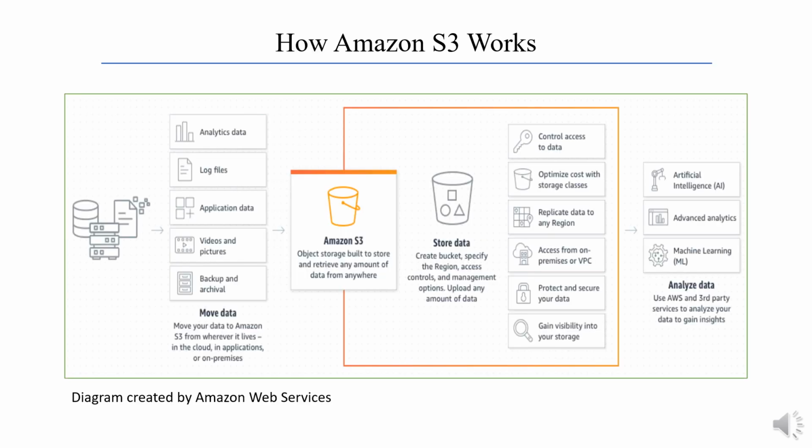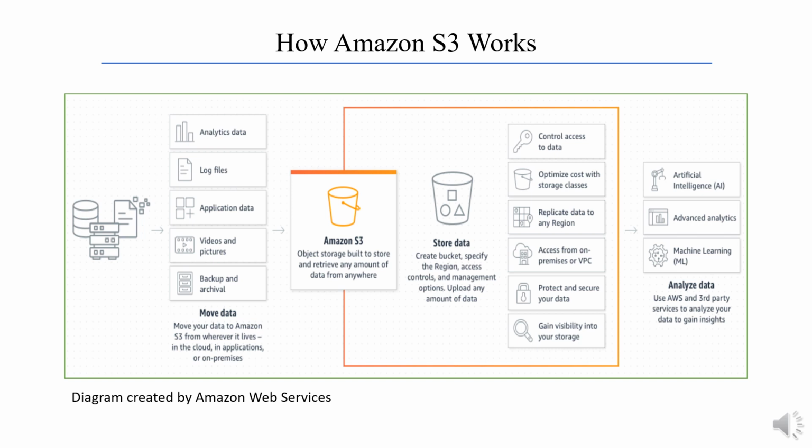Excellent. Now let's see how Amazon S3 works in an application environment. Amazon Simple Storage Service, Amazon S3, is an object storage service offering industry-leading scalability, data availability, security, and performance.